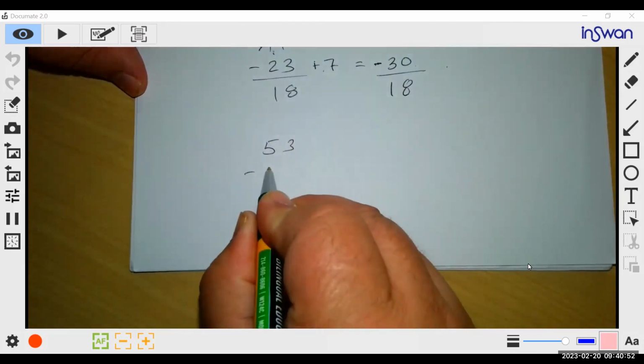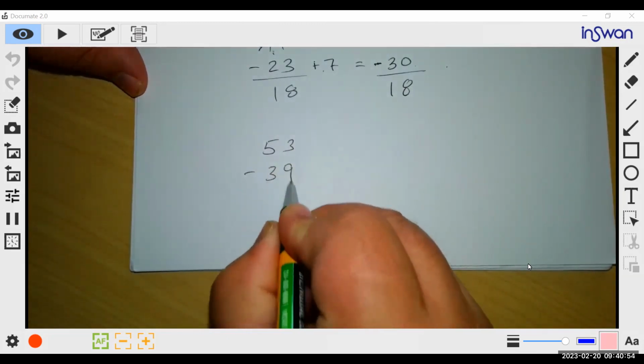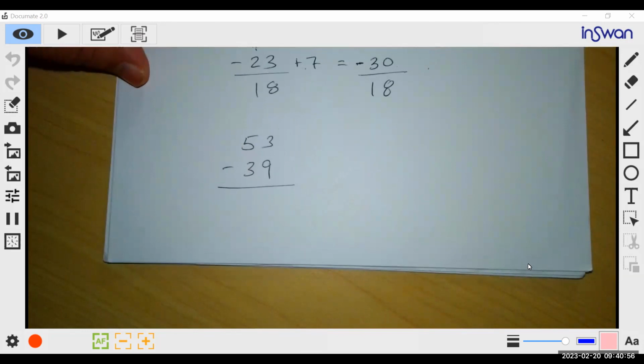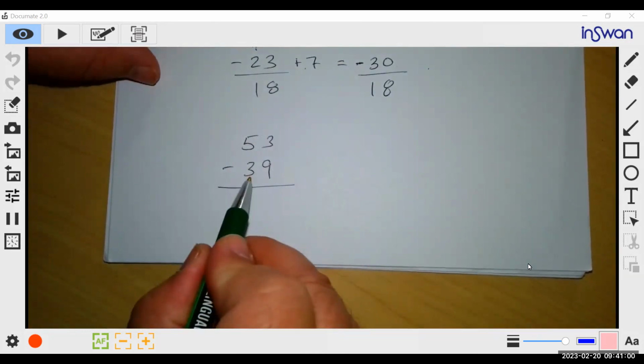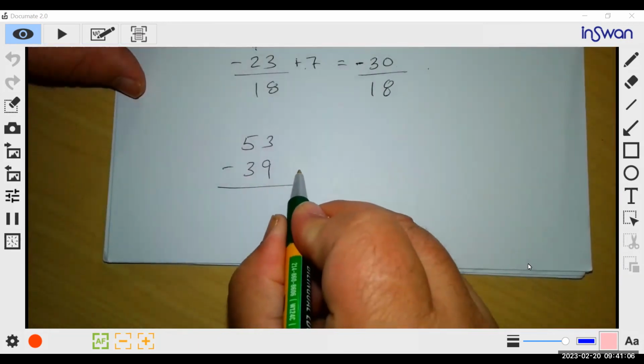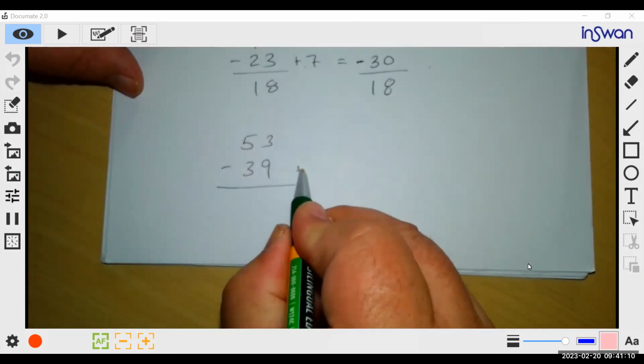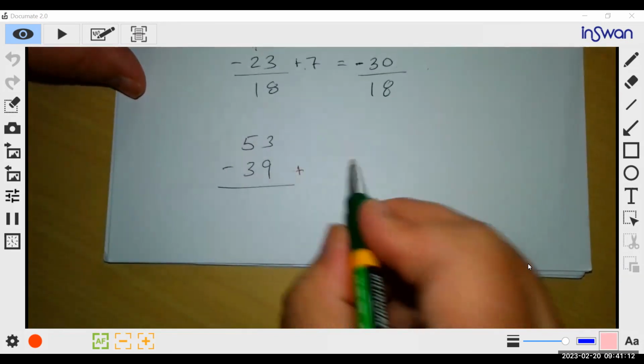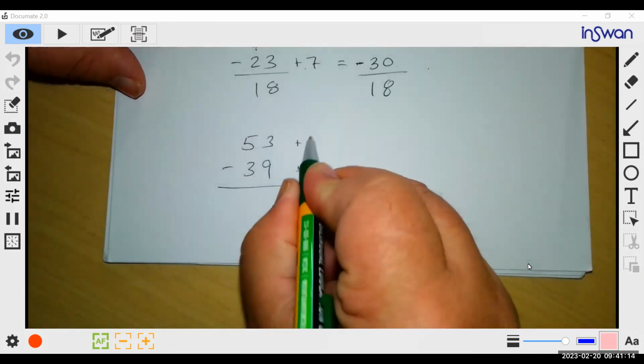53 minus 39. Remember, always look at the second number. Get that one to the next highest. So what's the next highest number? 40. So we have to add what to this one to get 40? So we add 1 to both of those.